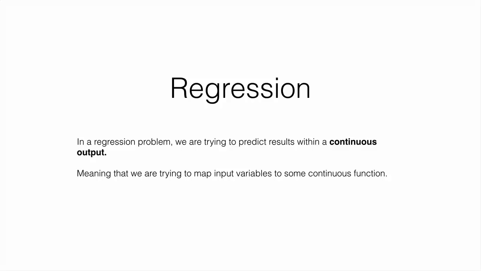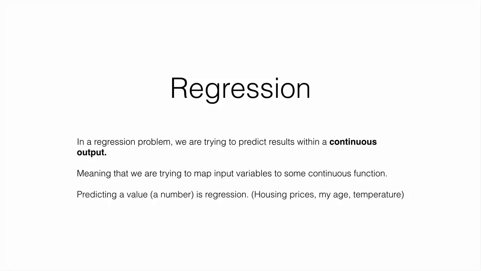So continuous is really the main theme when we talk about regression. As well, predicting a value is regression. Housing prices, my age, the temperature are all related to a regression problem. If we look at the algorithm used to implement regression, it's called linear regression.